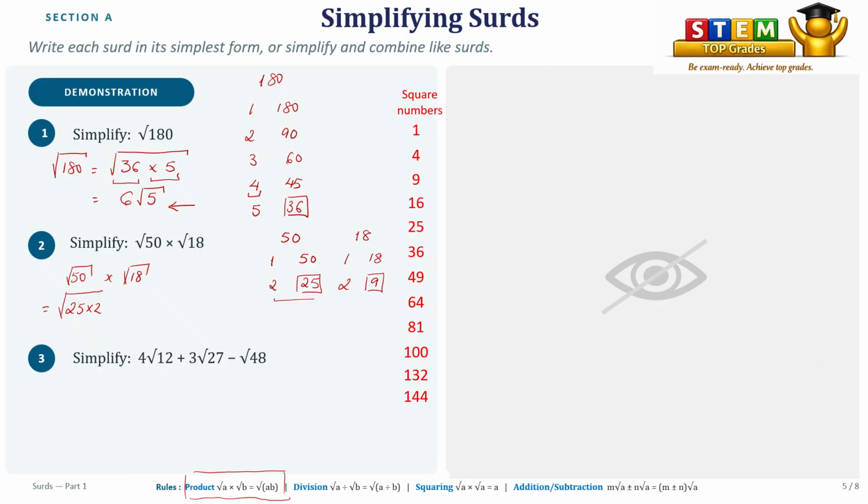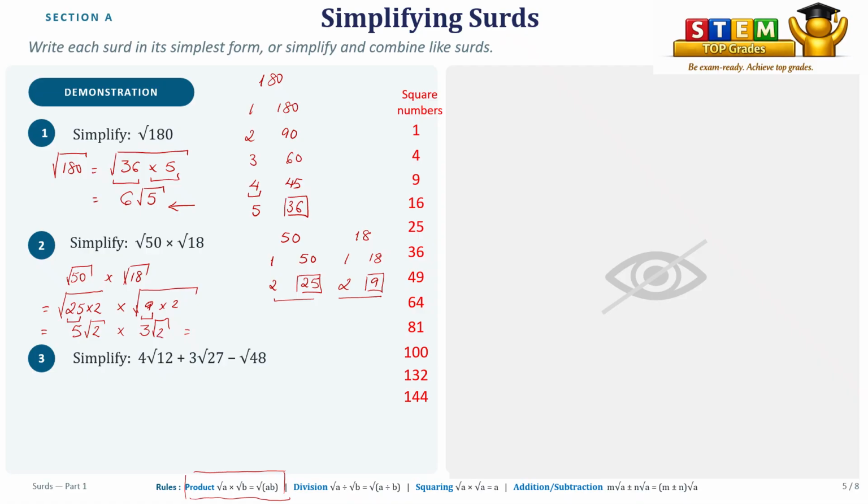And then we're going to multiply this with the square root of, now remember 18 is going to give us 2 and 9. Therefore, I'm going to write 9 and 2. Square root of 25 is going to give me 5. 2, we can't get a whole number, therefore we leave it in surd form. And then you're going to multiply this with the square root of 9, that gives us 3, multiplied by root 2.